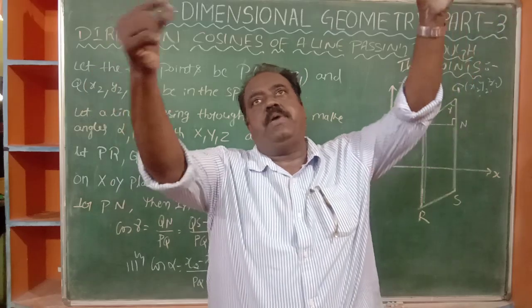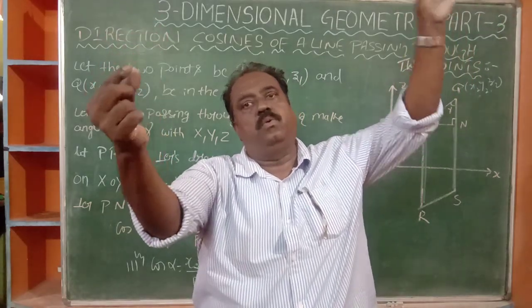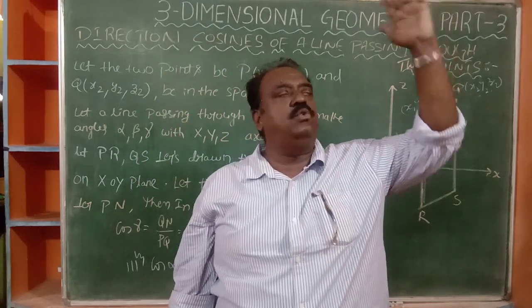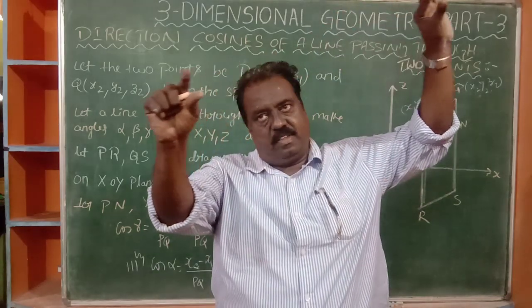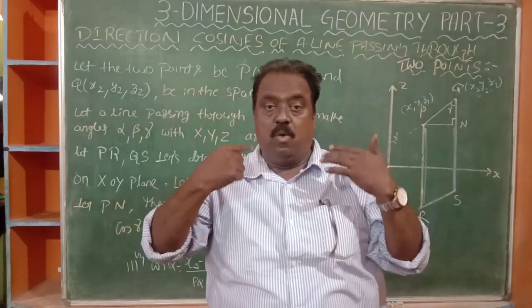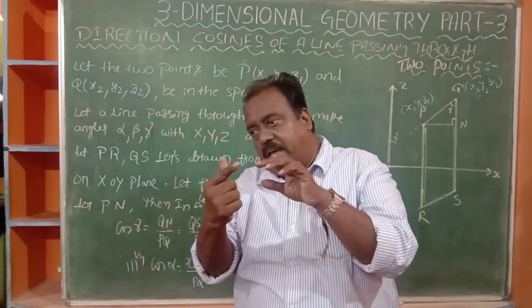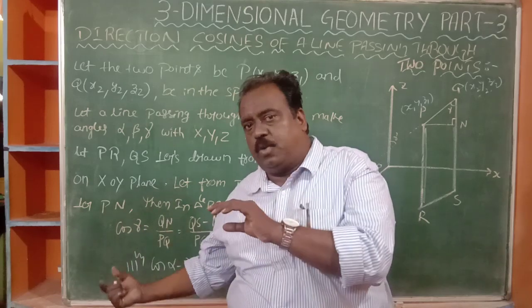In that one, P and Q are 2 points. Say it is P and Q. It is x1, y1, z1 coordinates, x2, y2, z2 coordinates. What is the line? This is of this line. We know that OA or OB or OC, horizon must be there.